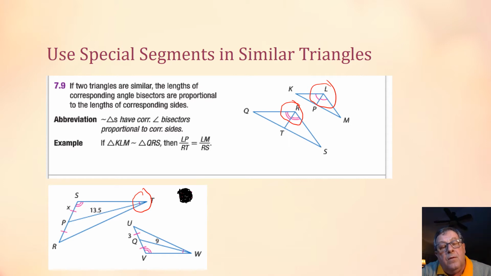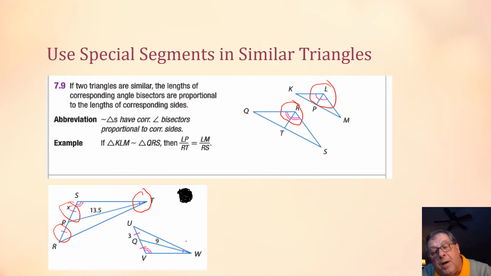We also see congruency where segment TP intersects SR. Now let's look at the second diagram.